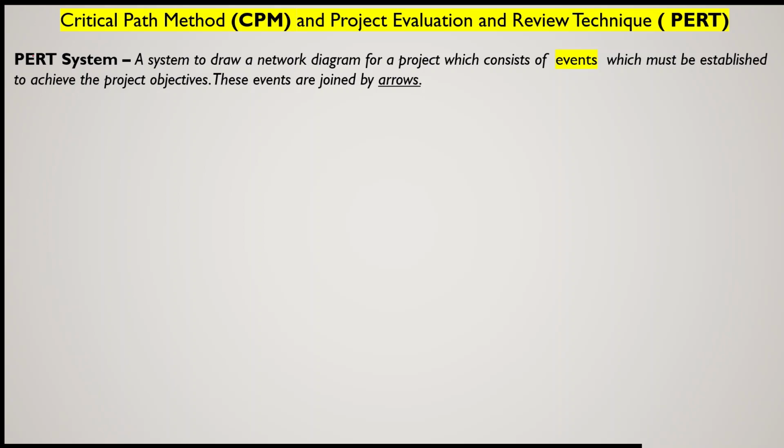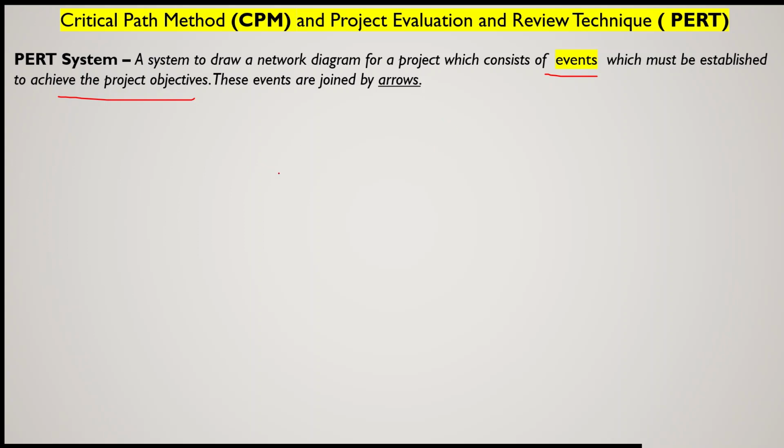So in the PERT system, we will be drawing a network of various activities. So it is a system to draw a network diagram for a project which consists of events which must be established to achieve the project objective. So later on we will understand what is the meaning of event.